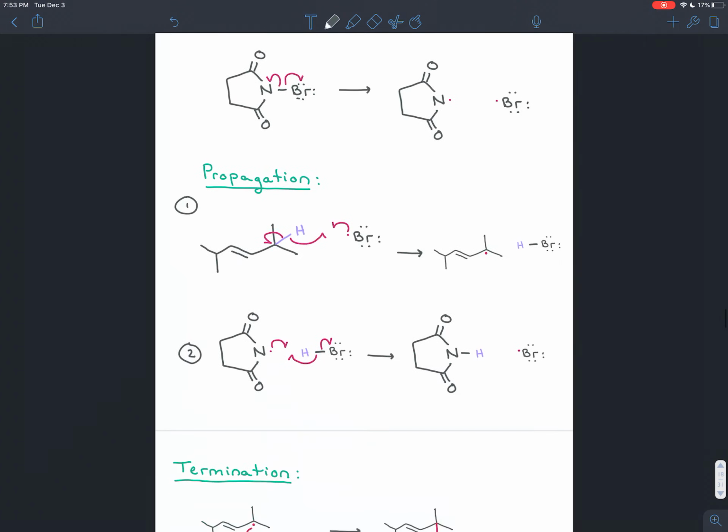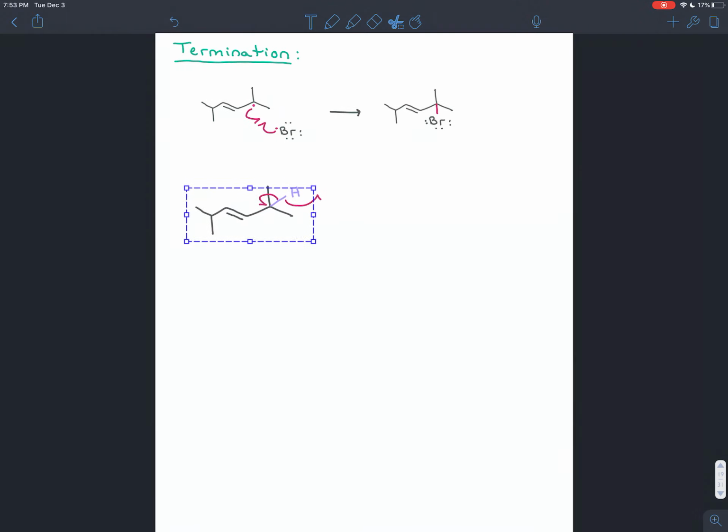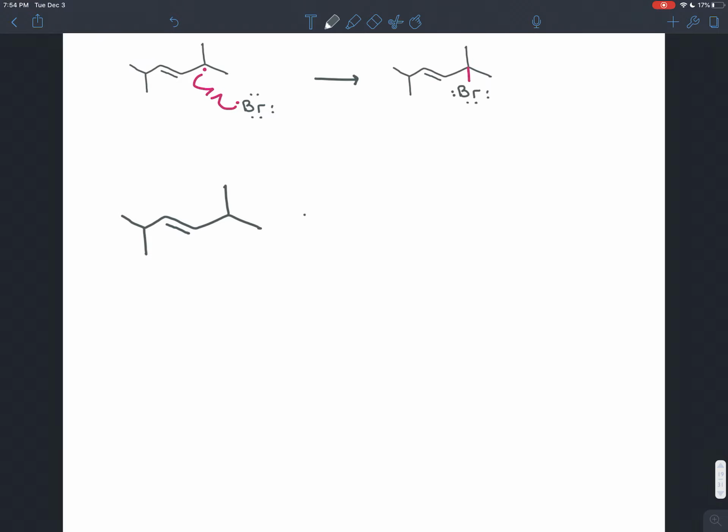So if we think about what we achieved overall in this reaction, we can take that hydrocarbon that we started with in the very beginning, we treated it with N-bromosuccinimide in the presence of light, H nu, and we ended up with the same molecule, but with a bromine on the allylic position.